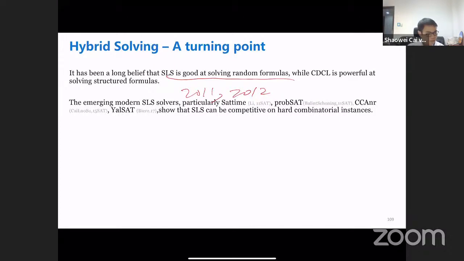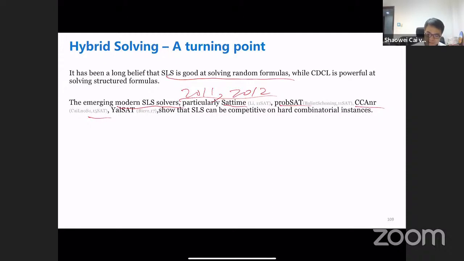So it's difficult to use local search to improve performance on industrial formulas, right? This was a very long-held belief. But around 2011, we got some modern local search solvers: Sparrow in 2011, ProbSAT in 2011, CCAnr in 2015, and also YalSAT.